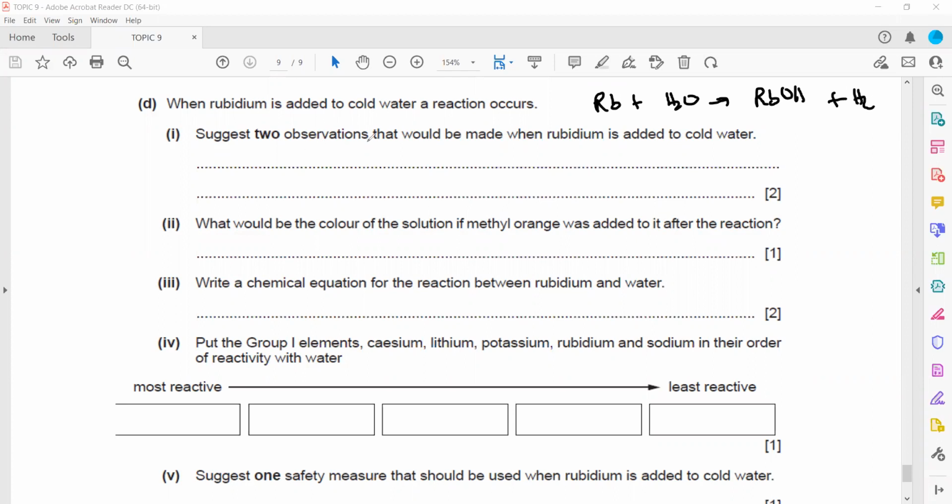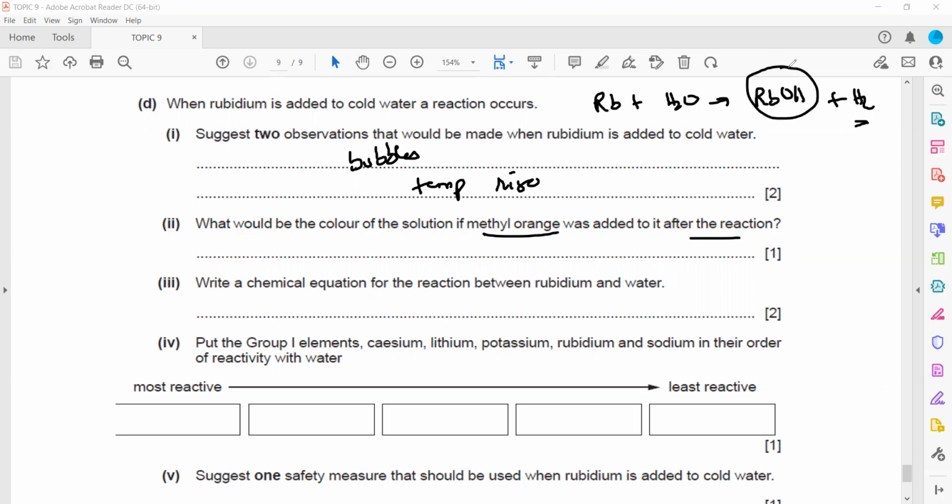What are the observations? Whenever gas is given off, you will always write bubbles. And this reaction is exothermic. So the temperature will increase, the beaker or water will become warm.